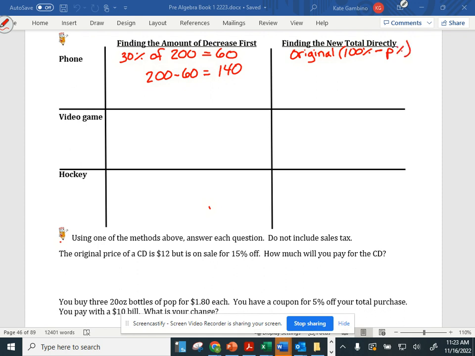So our original was 200 times 100% minus that 30%. So 200 times 70%, 100 minus 30. So 200 times 0.7. That gets us 140.